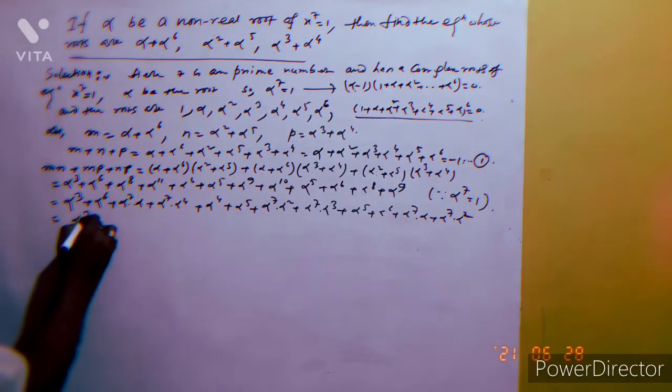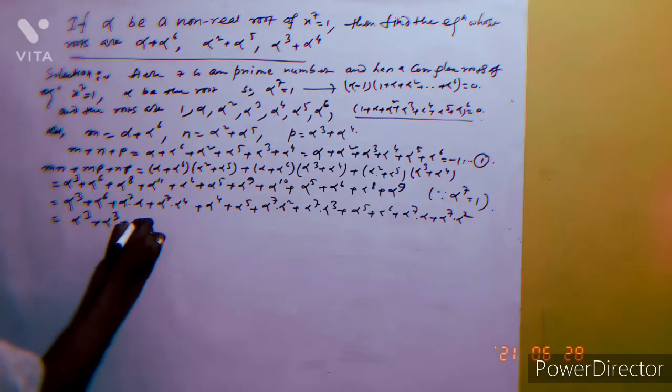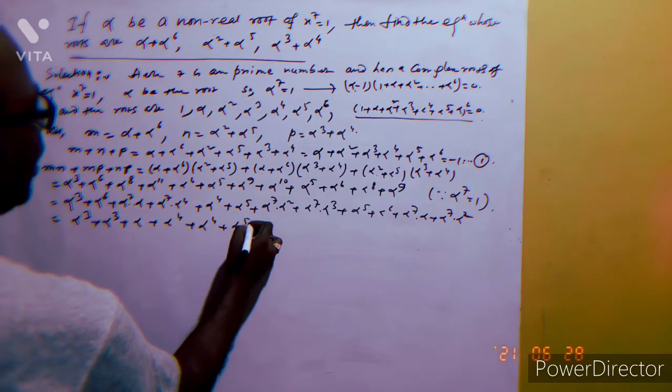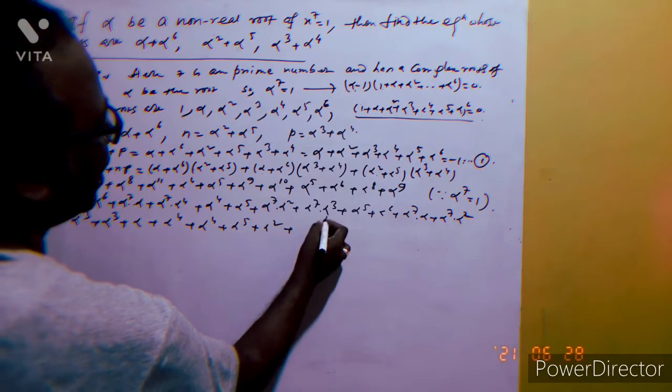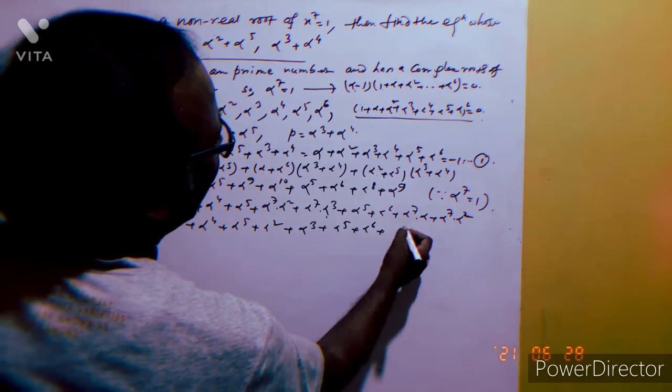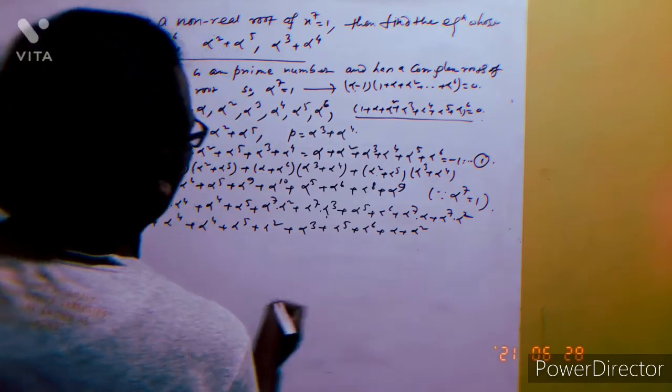So alpha cube, alpha to the power 6, this is here alpha, this is alpha to the power 4, again alpha to the power 4, again alpha to the power 5, alpha square, this is here alpha cube, alpha to the power 5, alpha to the power 6, and this is here alpha and alpha to the power 2.